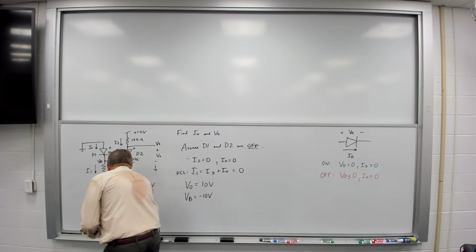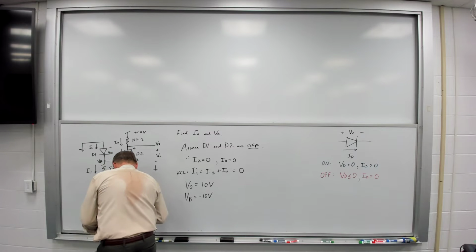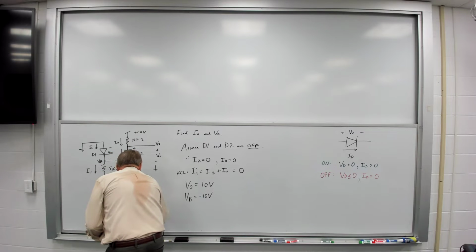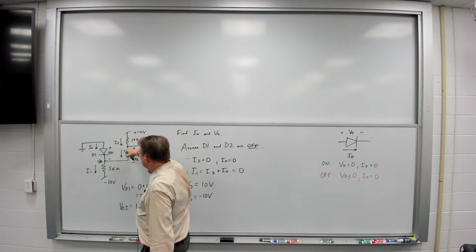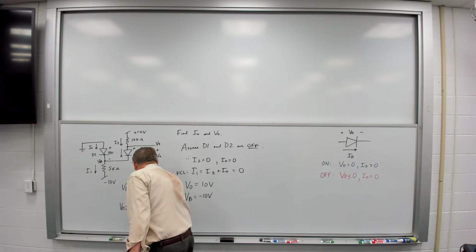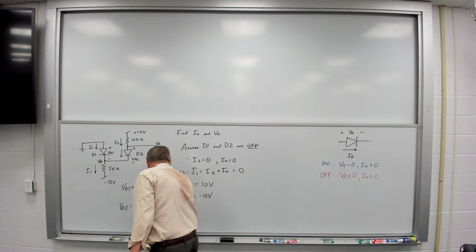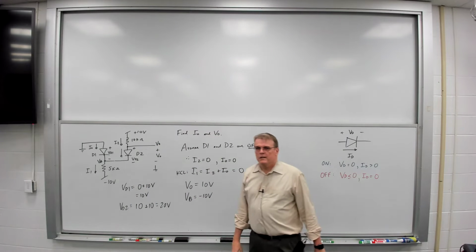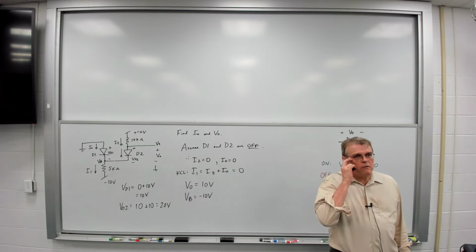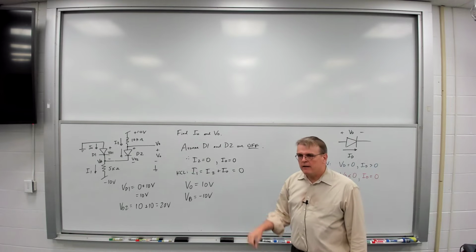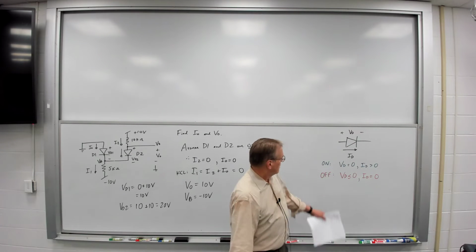VD2 is equal to 10 volts minus negative 10, which is plus 10, equal to 20 volts. So for both of those diodes, VD is greater than 0.